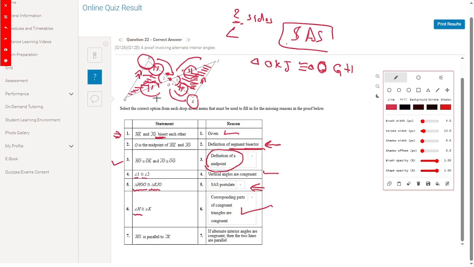So HJ will be parallel to GK, because I got that this angle is equal to this angle.